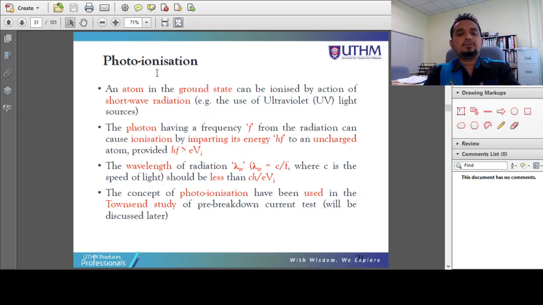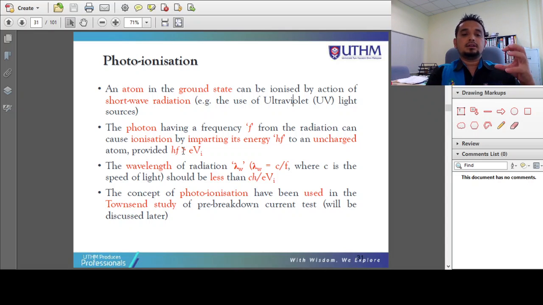Okay, the second ionization process that promotes the ionization phenomena is photoionization. In this case, a photon having a certain frequency from radiation will impart its energy, which refers to hf, to the uncharged atom.